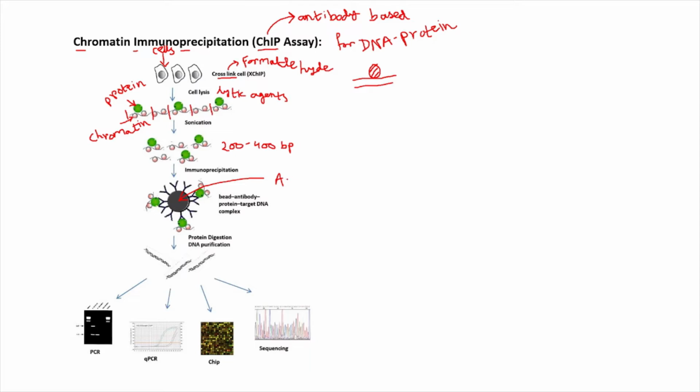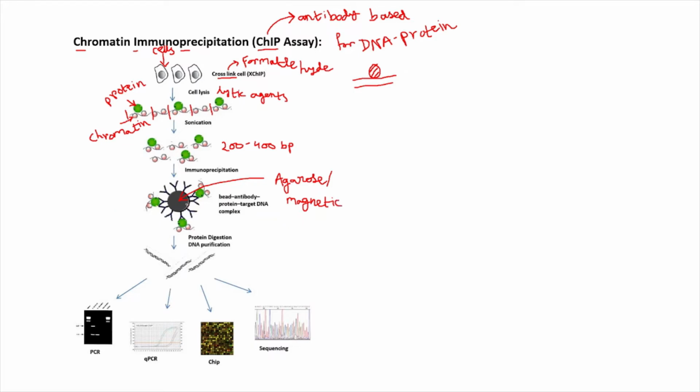Either you can use agarose beads. Mostly agarose beads are used for immunoprecipitation, but nowadays some researchers have begun to use magnetic beads. So you can use either of the two types of beads, agarose beads or magnetic beads.